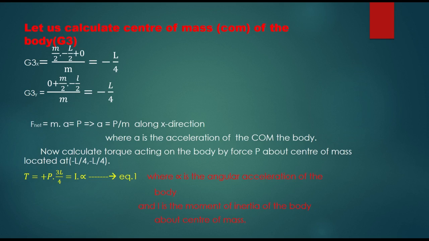Hence torque is equal to I into alpha, is equal to P into 3L by 4, and it's positive because the torque is acting in the upward direction. We denote it as equation number 1, where alpha is the angular acceleration of the body and I is the moment of inertia of the body about the center of mass.